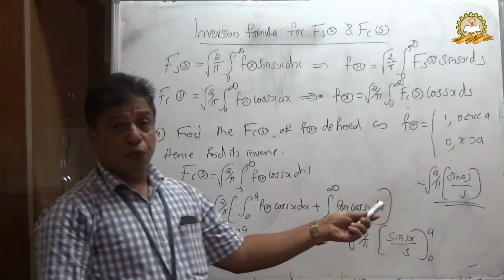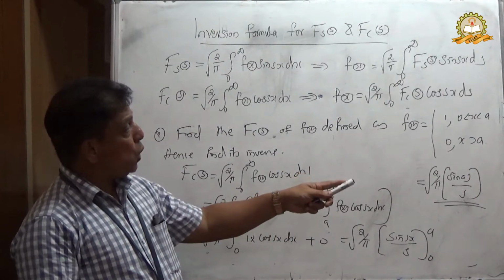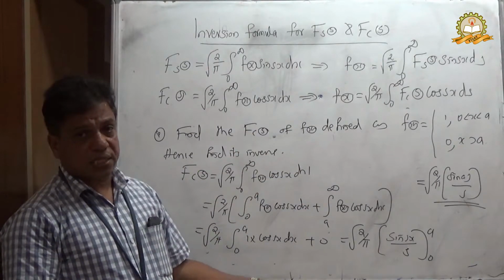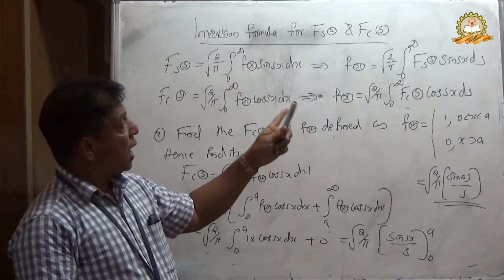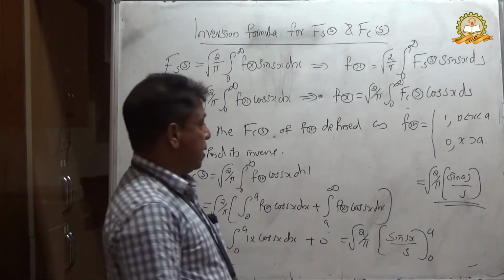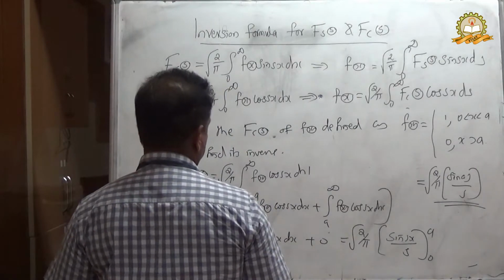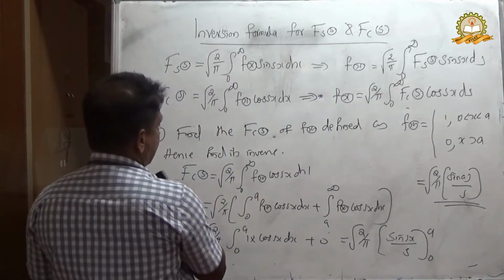We multiply it by cos sx and integrate within the limit 0 to infinity, and multiply by root of 2 by pi. Then we can find the next step.